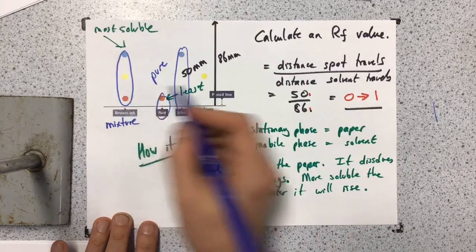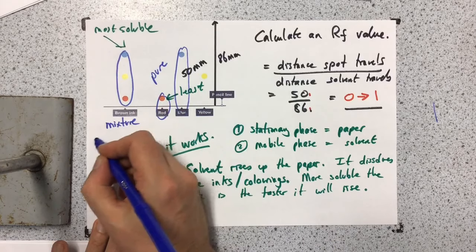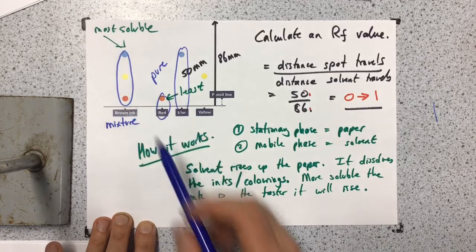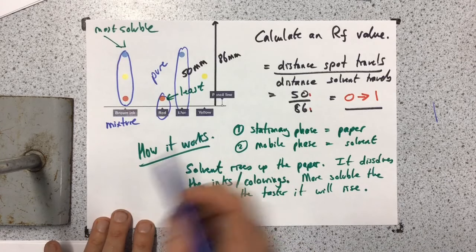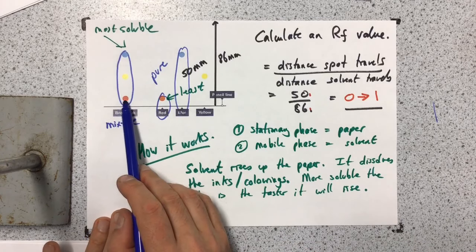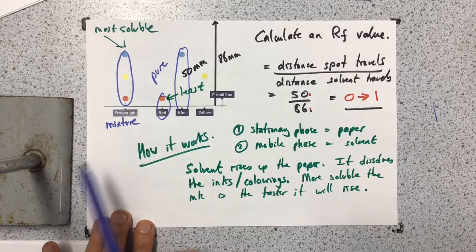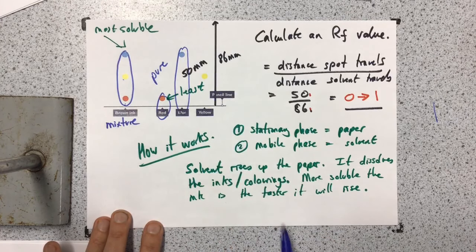The brown ink is a mixture because it has been separated into more than one colour. There's lots of options for questions like this. We could also say that the brown ink contains the red ink, and the brown ink contains the blue ink, and the brown ink contains the yellow ink.